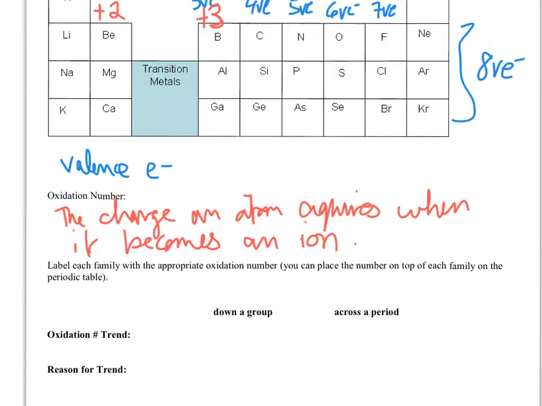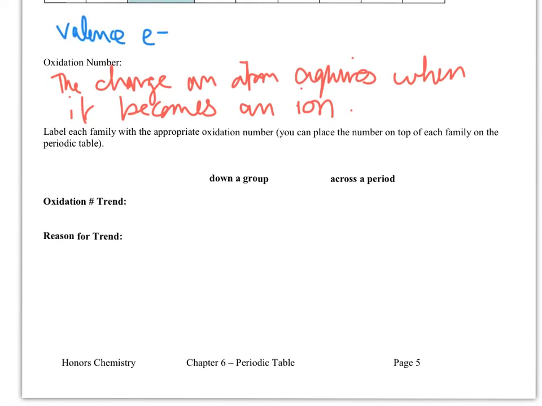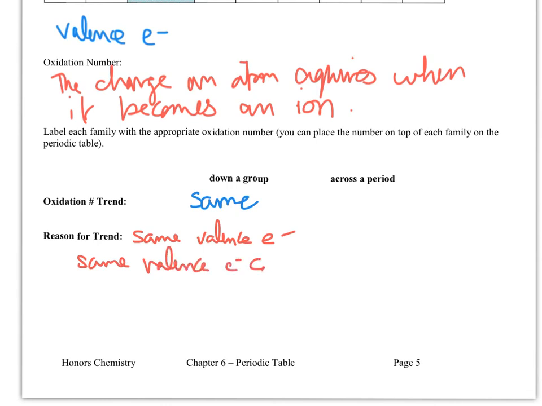So let's write that down. The trend in the oxidation number as you go down is that it's the same. The reason is because of the same valence electrons, because they have the same valence electron configuration, just different energy levels.